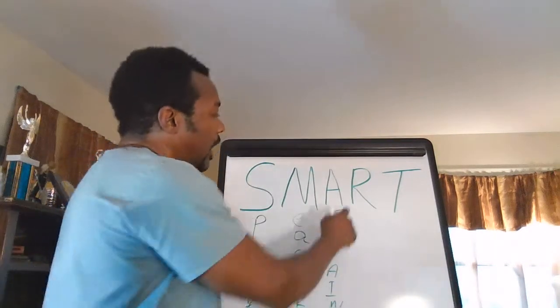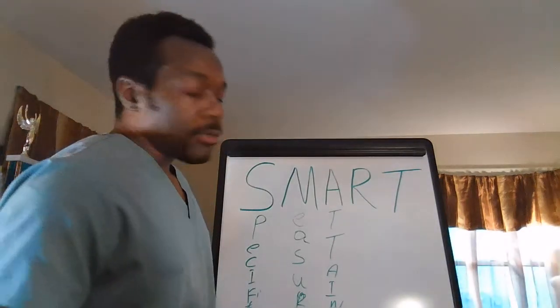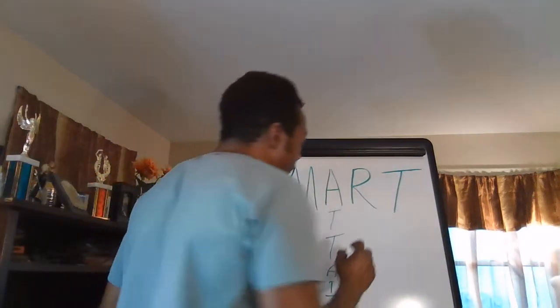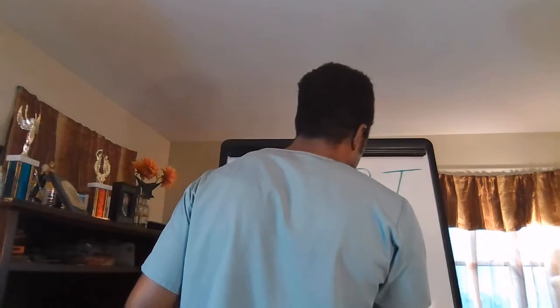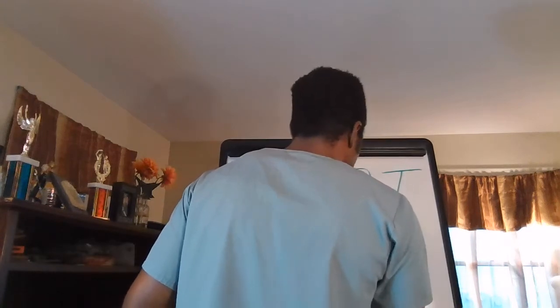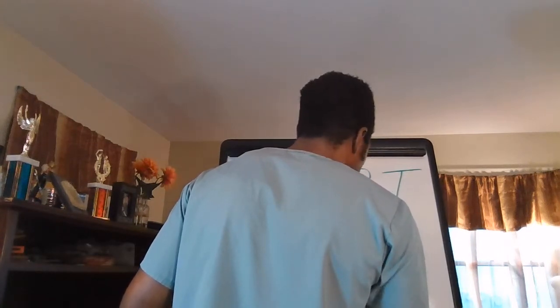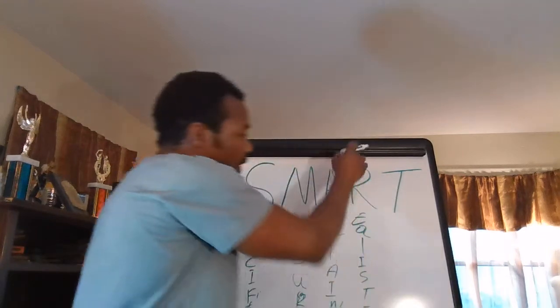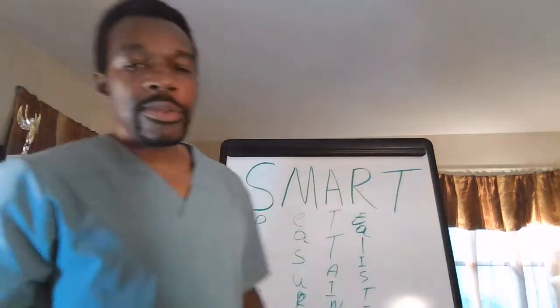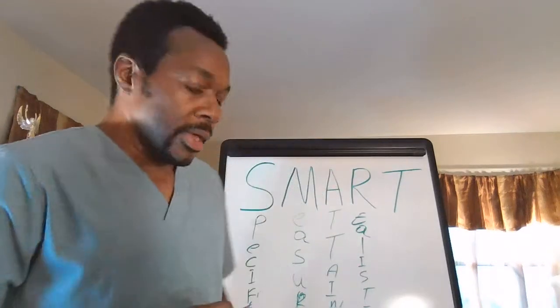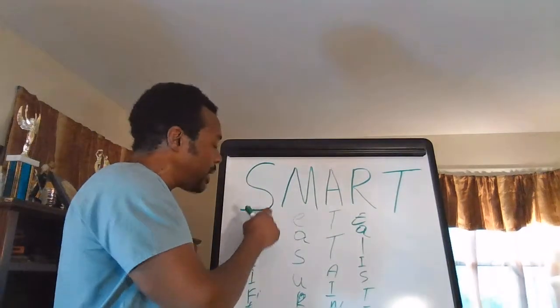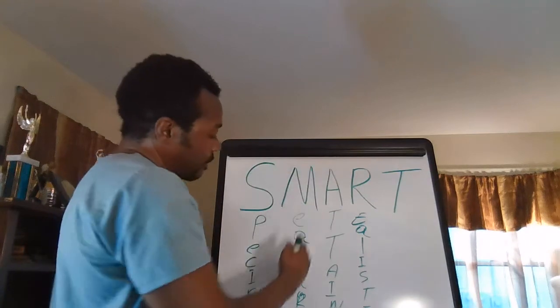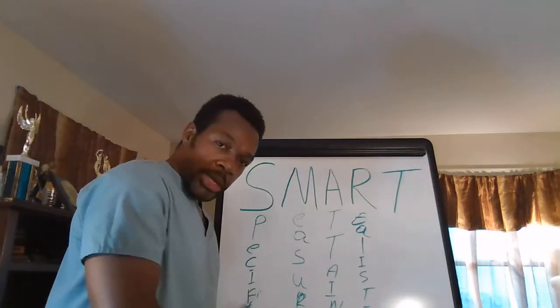Okay. So now the R stands for realistic. All right. So it must be real, realistic. So it must be specific. We want it to be M, measurable.